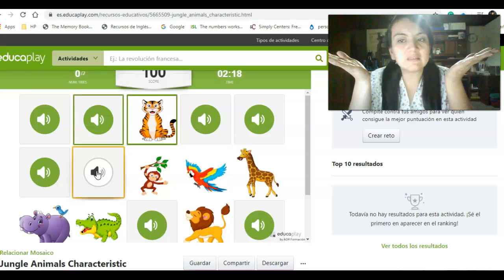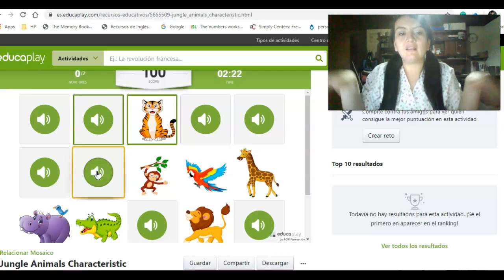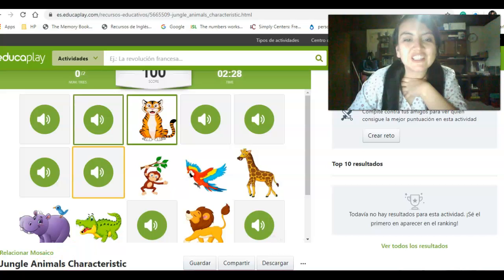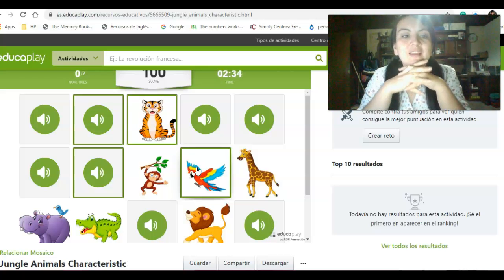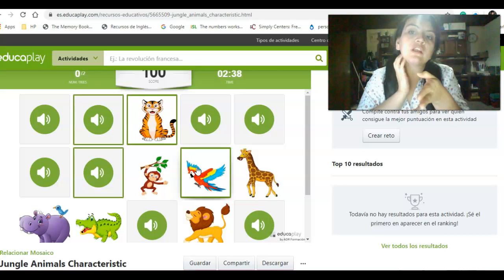Which is the animal? Is small, can fly, and is blue, red, and yellow. Yes, the parrot. Excellent. Okay, that's the activity. You are going to do the same with each animal.